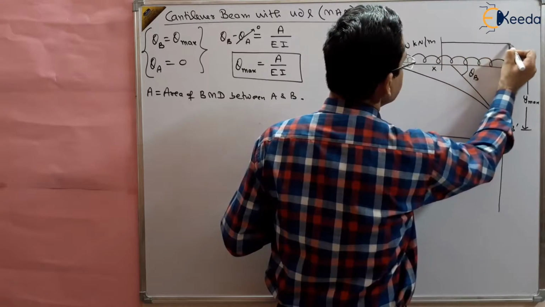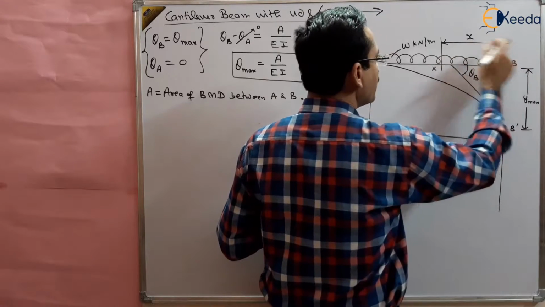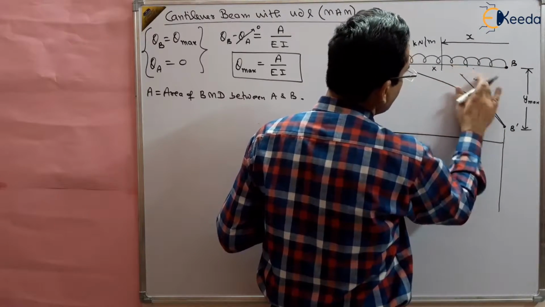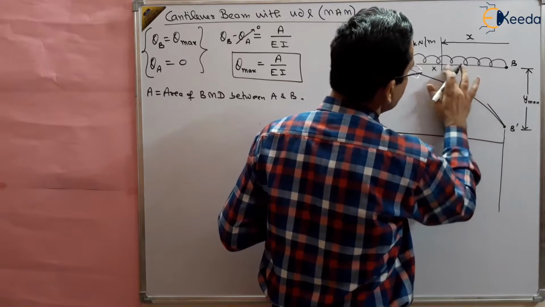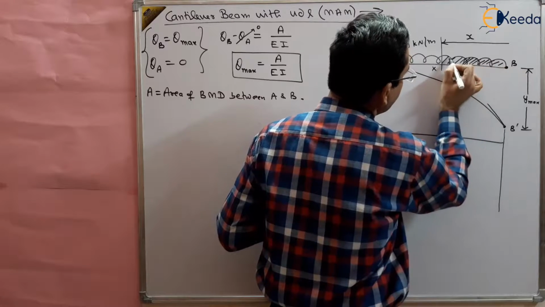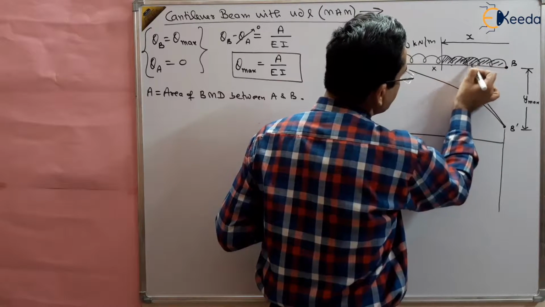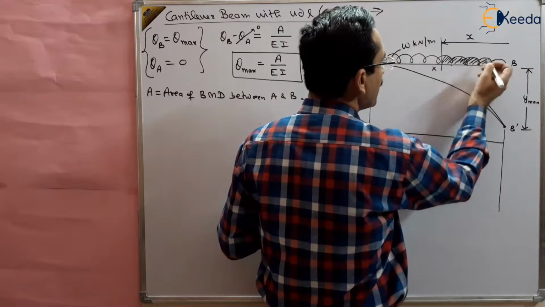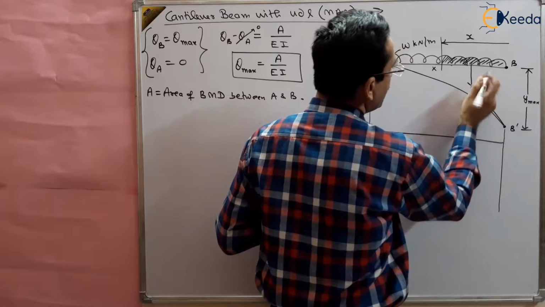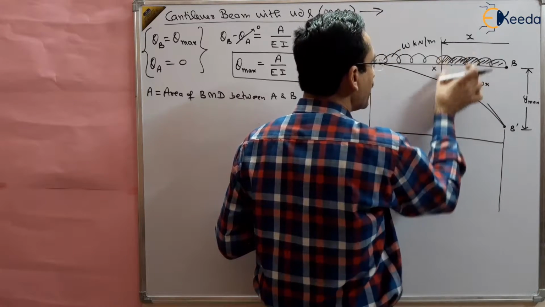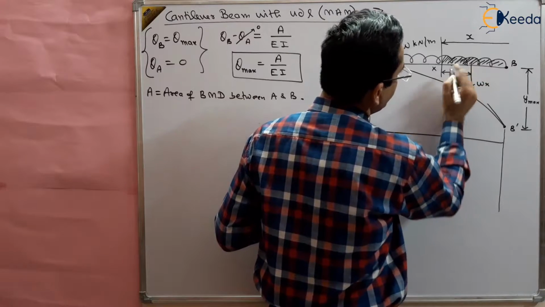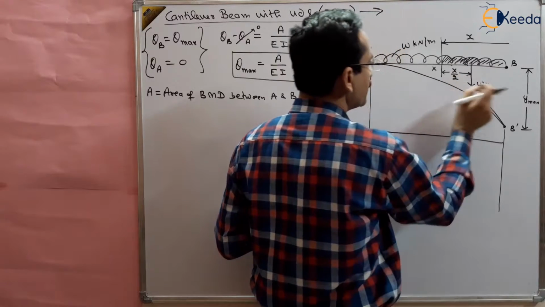At a distance x from the free end, take a section, and the load of this part will be Wx, which lies at a distance of x by 2 from the section.